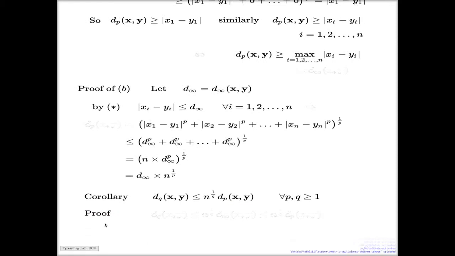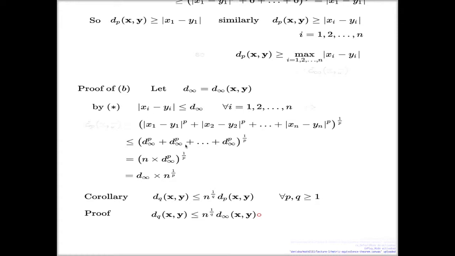Here's the proof for the corollary. This is a very simple corollary, as a matter of fact, because we have the first part. It's a relatively easy application of the first part. I take the d_q metric. By the first part, I have this relation. It's the B side of the first part we just proved.